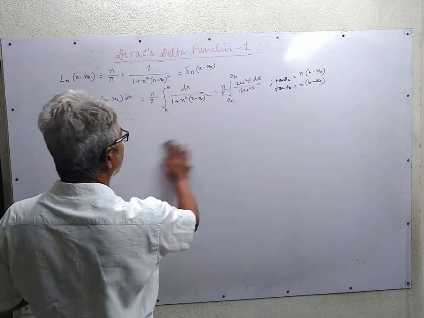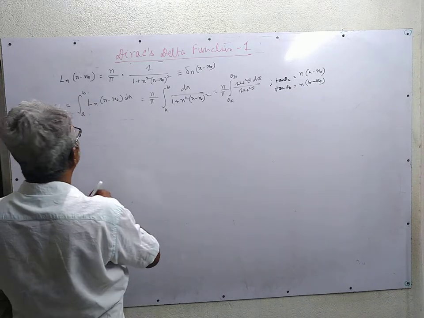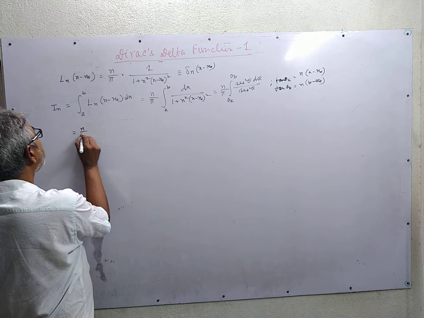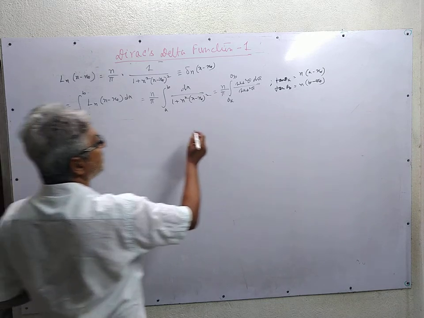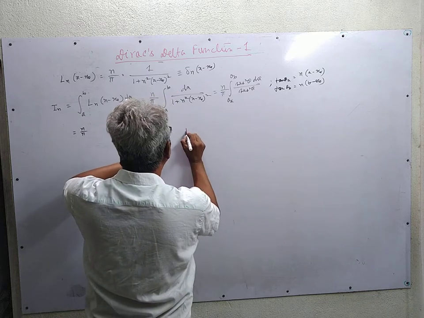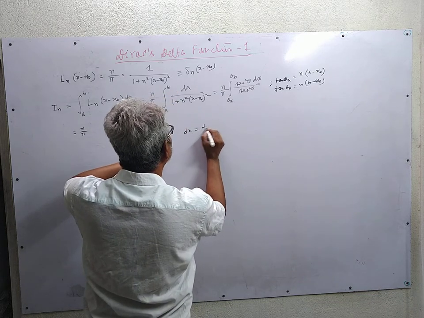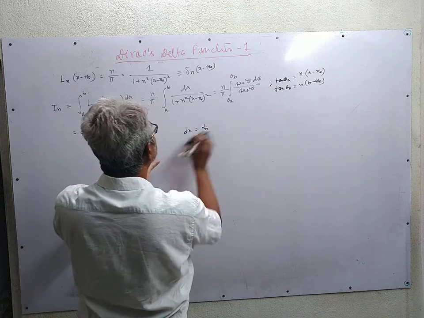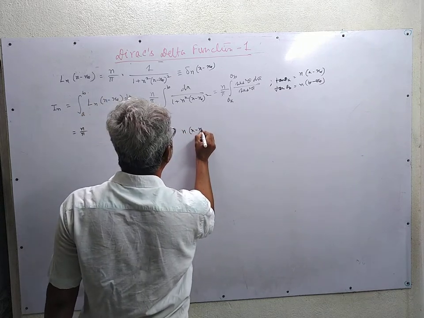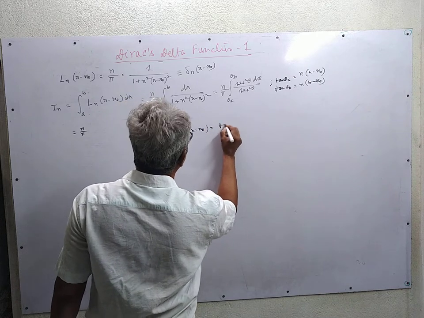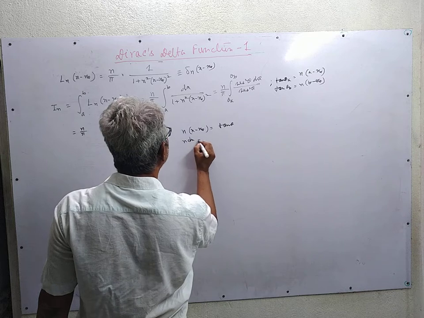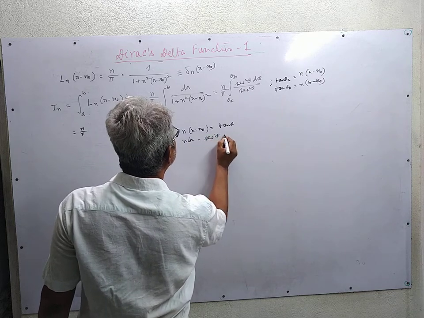The result is n by pi. Oh, there is one factor I have missed. We substituted that n(x minus x0) is equal to tan theta, so n dx is equal to sec square theta d theta.